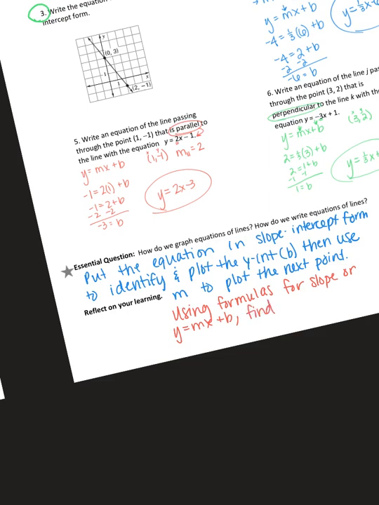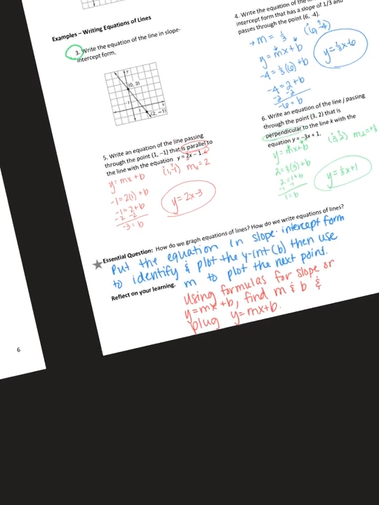Find the slope and y-intercept, and then plug those into y equals mx plus b. Now again, if you're familiar with equations in point slope form or standard form, then obviously there are some tools that you can use, but they're not required to know.